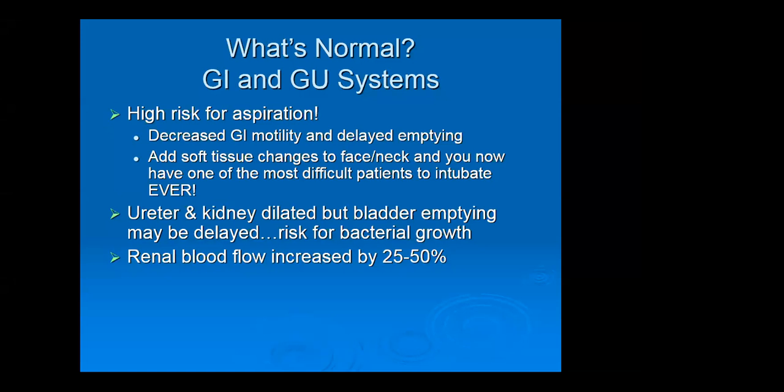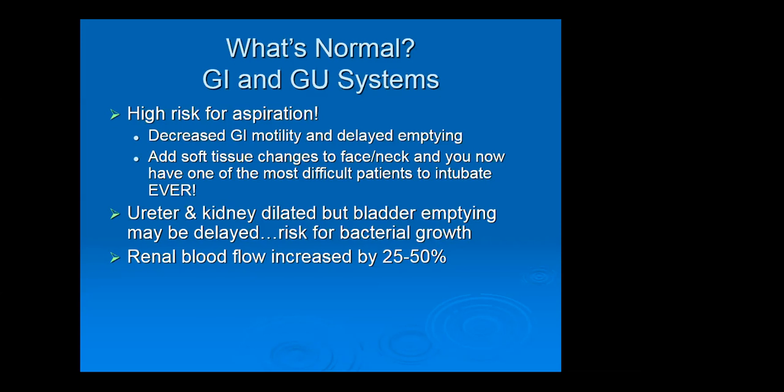Soft tissue changes in the face and neck may add some swelling, edema, and the change in body shape and size and trying to position that OB patient is going to make it one of the more difficult intubations. In evaluating an airway, most of your MOANS and LEMON and other acronyms consider the OB patient as part of a difficult intubation pathway.